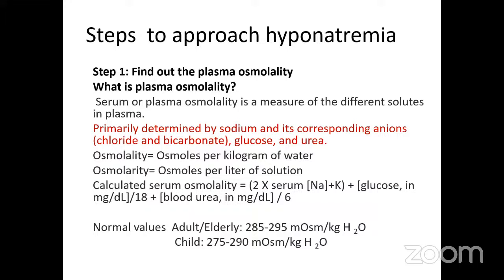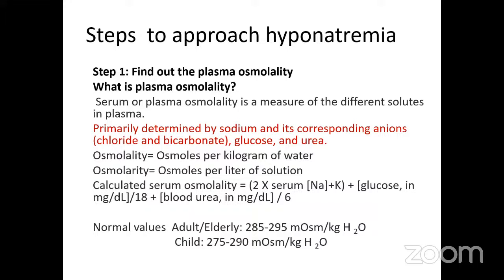It is staying with chloride and bicarbonate. Glucose and urea also contribute to osmolality. Though osmolality and osmolarity are interchangeable, osmolality is per kilogram of solvent and osmolarity is per liter of solution. It is just for you to know, but we are using it in an interchangeable way.